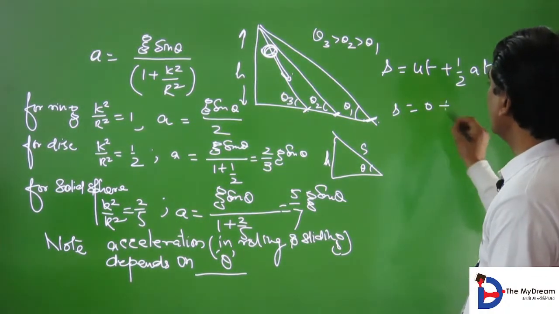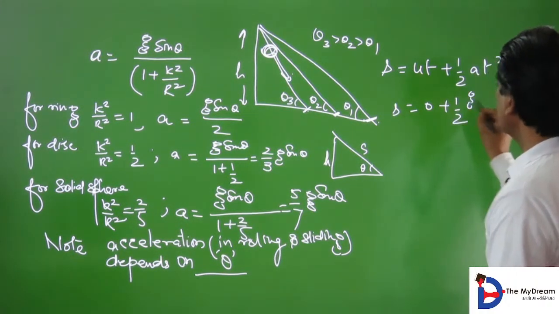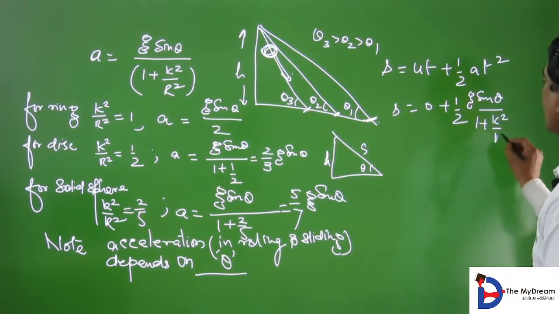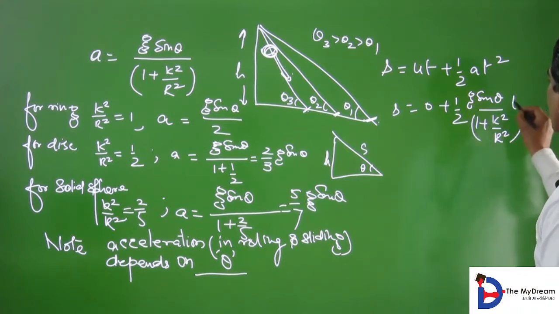So a, you know, is g sin theta divided by 1 plus k square by r square.